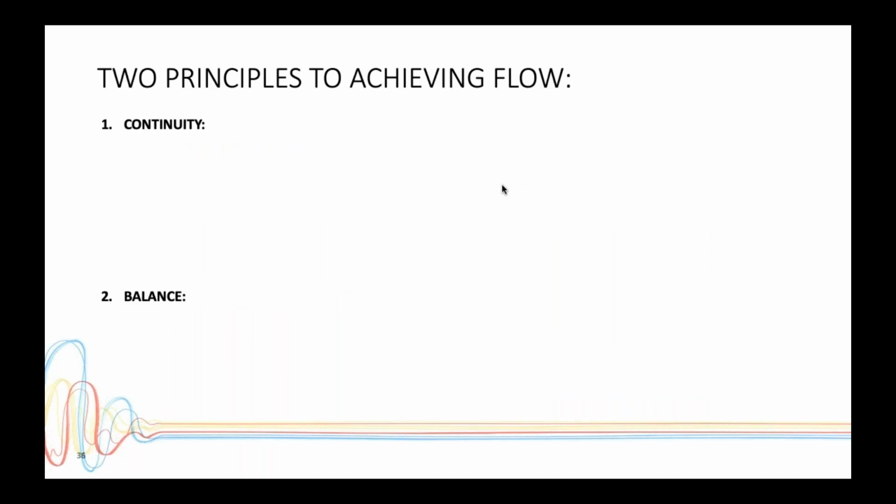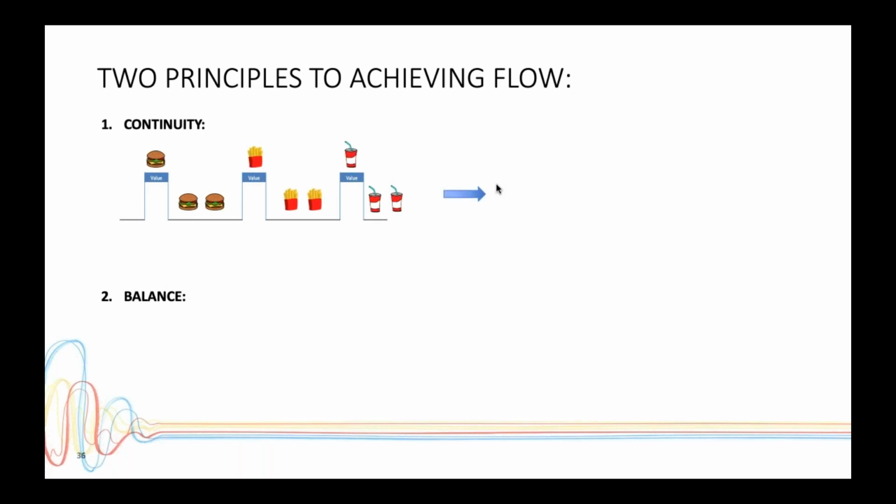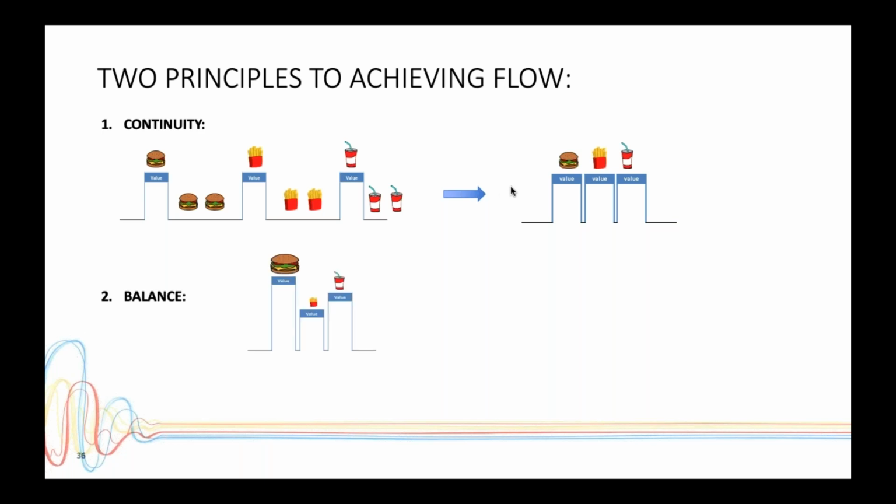And so the two principles that I posit, and this isn't exceptionally original. If you're lean thinkers out there, you're quite familiar with this, I'm sure. But this notion of continuity, of squishing the value stream together so that you've got related tasks all being done one after the other, the sort of notion of single piece flow in a manufacturing sense.